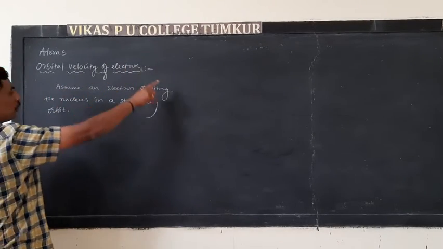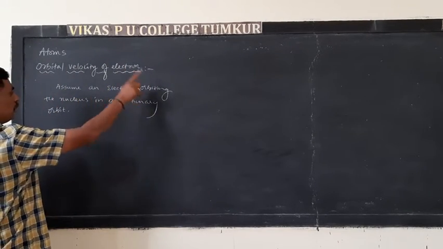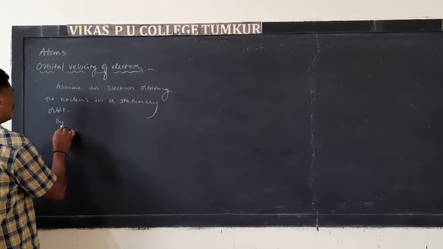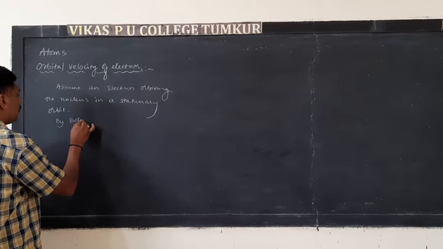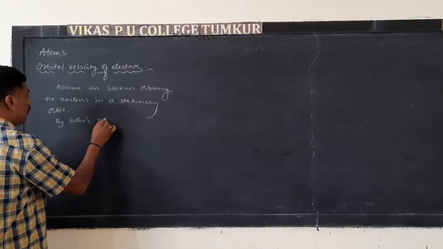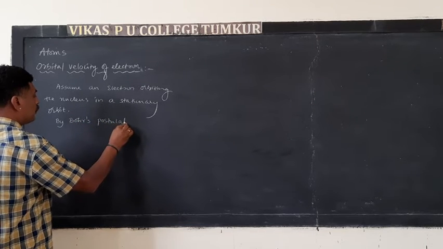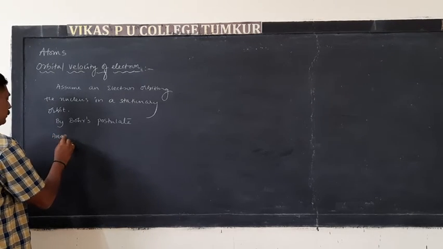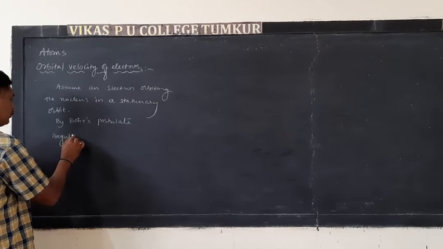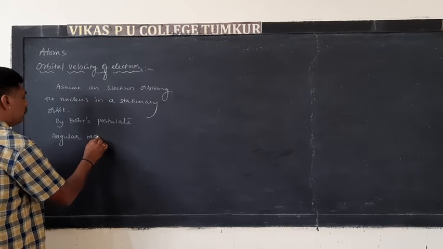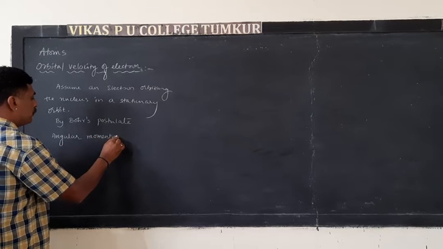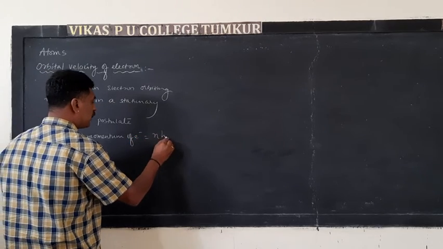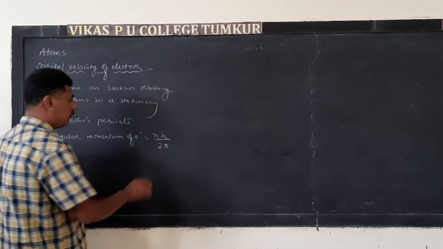So when electron revolves around the nucleus in such an orbit, Bohr says that angular momentum of electron should be integer multiple of h by 2 pi.